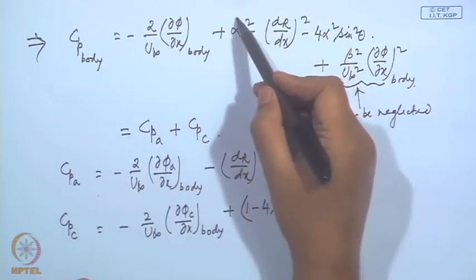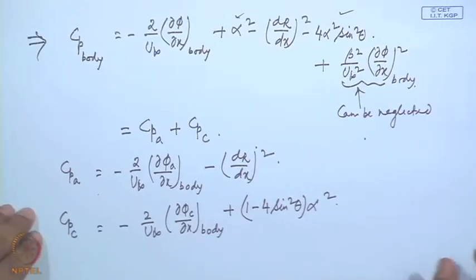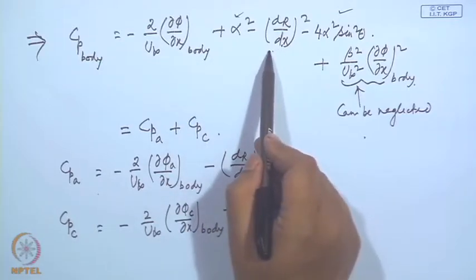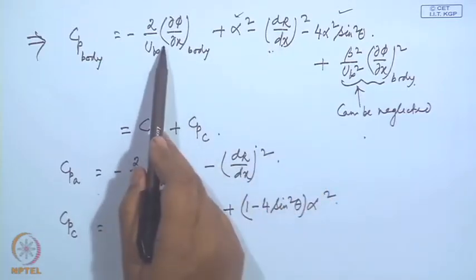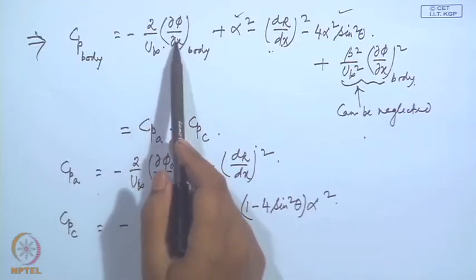So, we see these are just cross flow contributions, which come only because the body is at an angle of attack. This is of course the familiar axial flow contribution, and this has a combination of axial flow contribution and cross flow contribution.